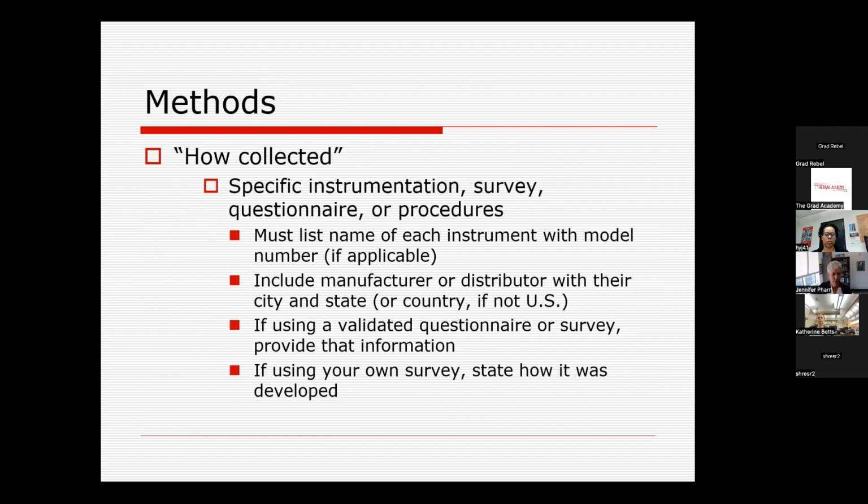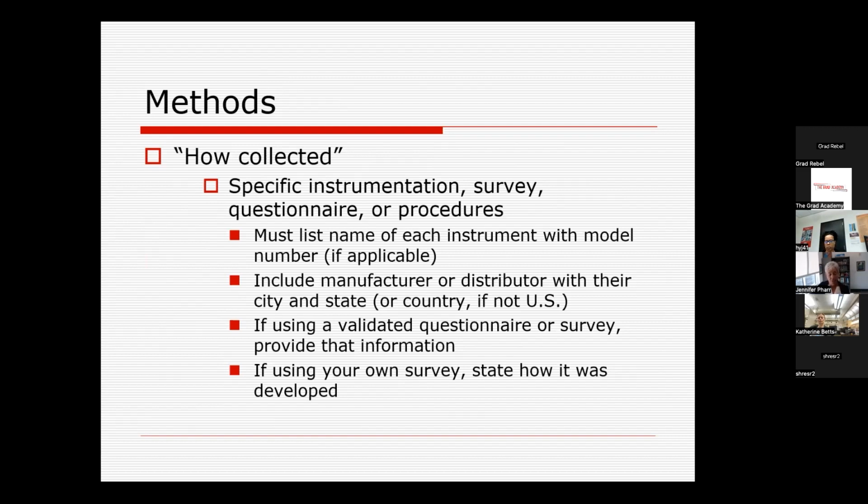Include information about the manufacturer. If you're using a validated questionnaire, so a questionnaire that someone else created and validated, you want to provide information about the survey or the questionnaire's validity and reliability and who did that, and reference them and cite them.